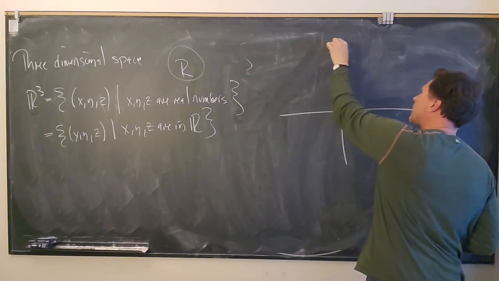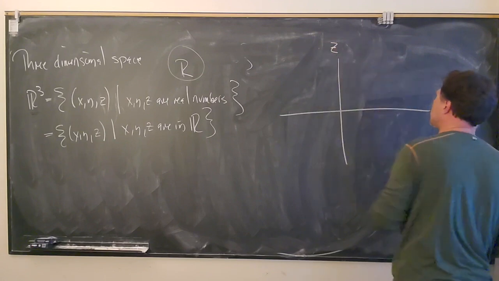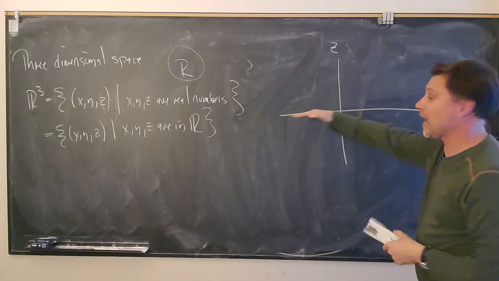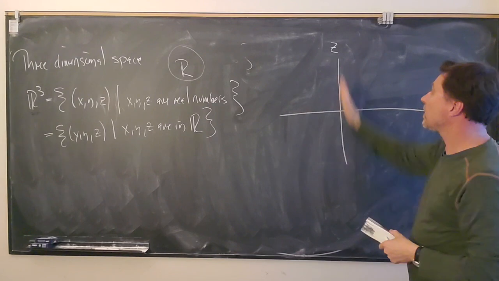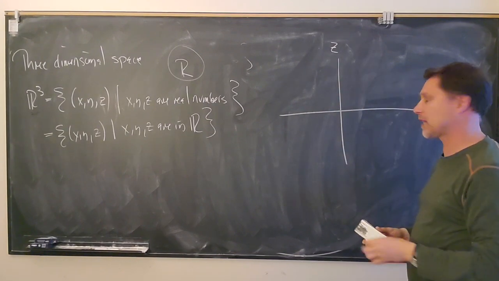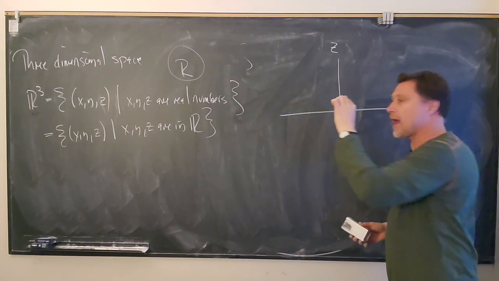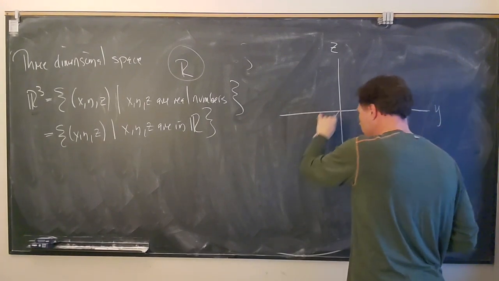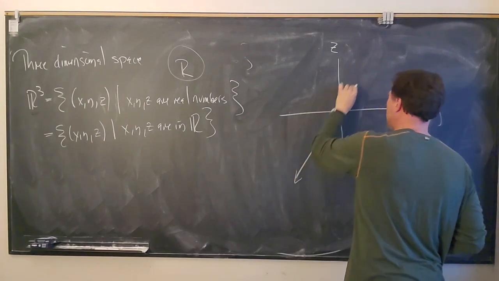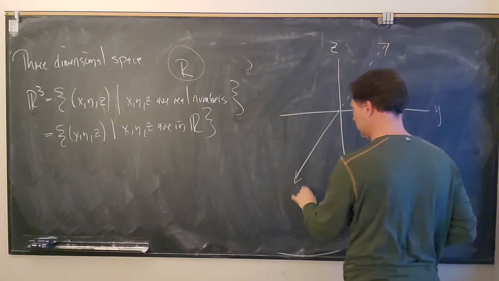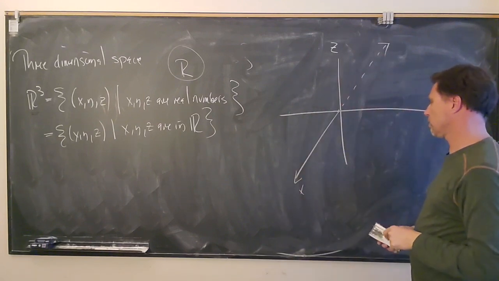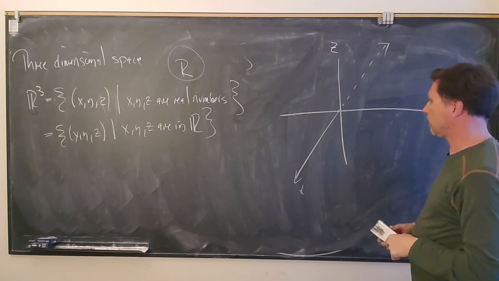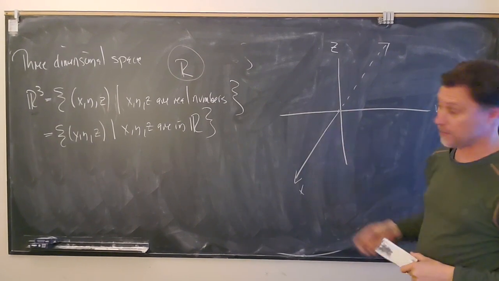The standard is to draw the y-axis as the horizontal axis, the z-axis as the vertical axis, and then you want to imagine the x-axis is coming straight out of the plane. To draw that on a flat board or on a piece of paper is like that. But the way we want to think of this, the x-axis is coming straight out.